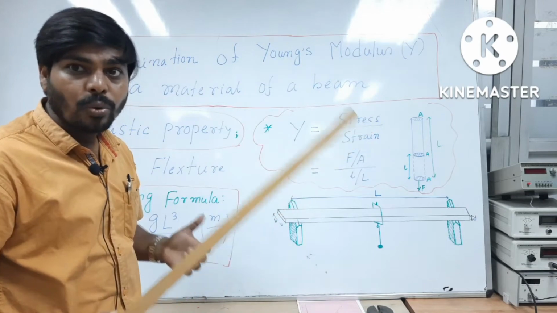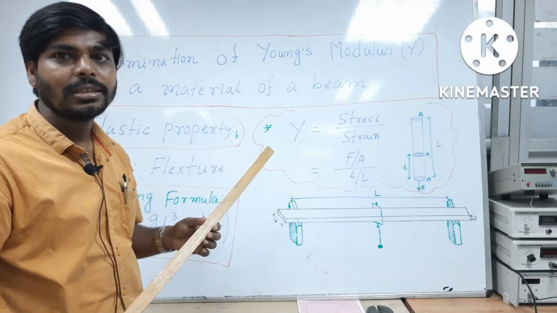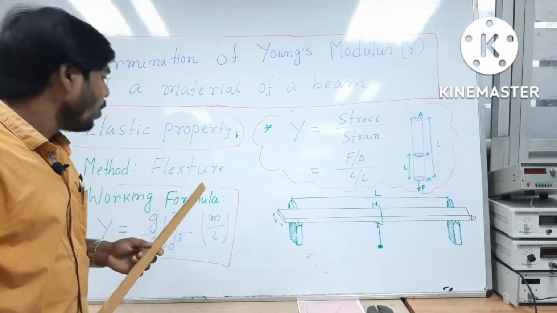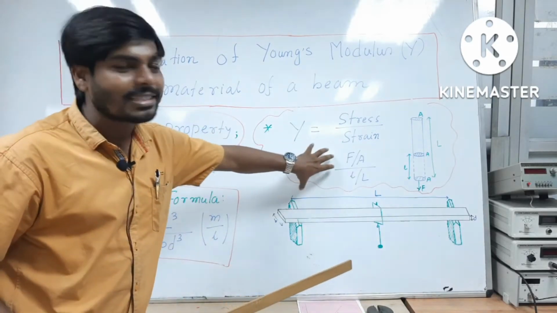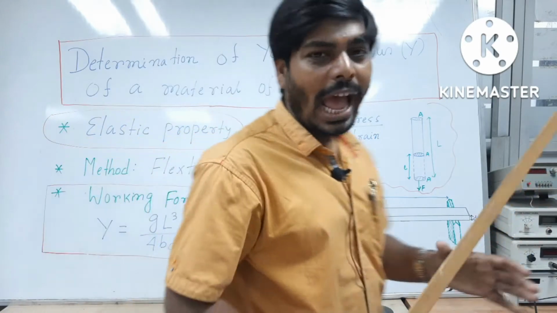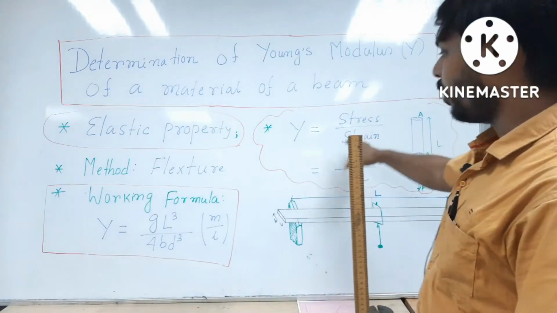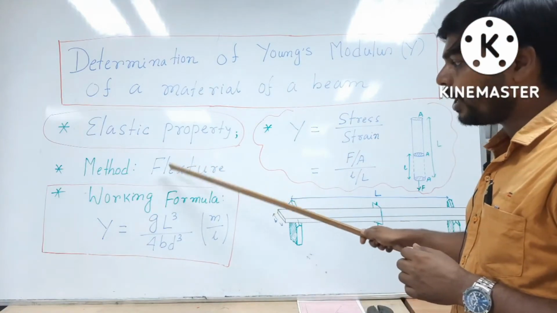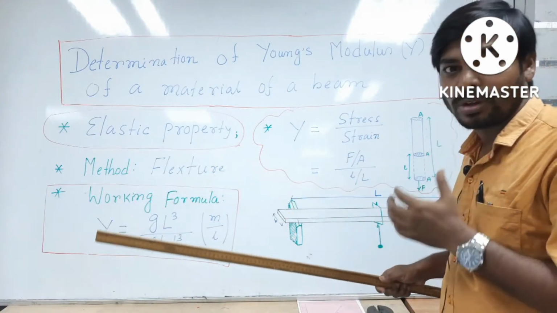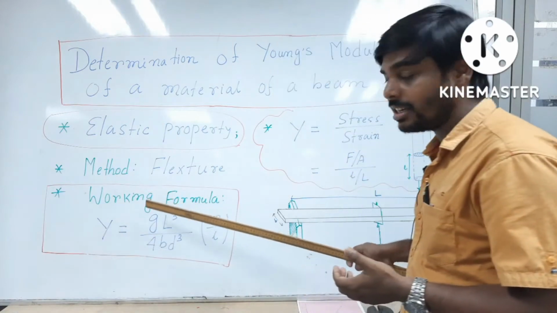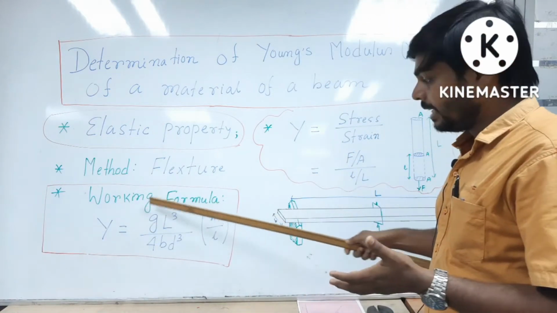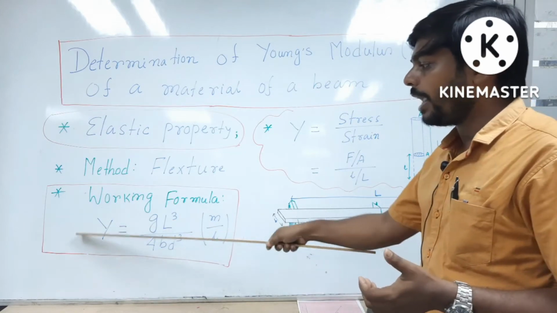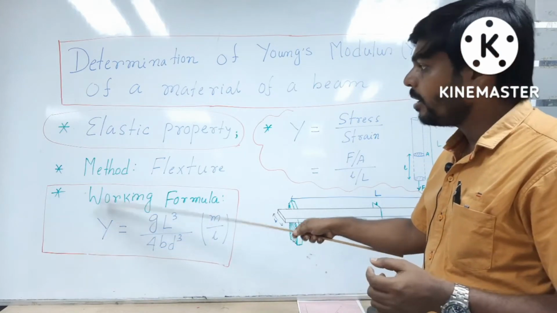But in our experiment what we will do? We will not use this relation directly, and we have a modified formula which is known as the flexure method, and which is beyond the scope of this discussion from where we have got this equation, but you have to know this formula to determine the Young modulus of the material by the flexure method.